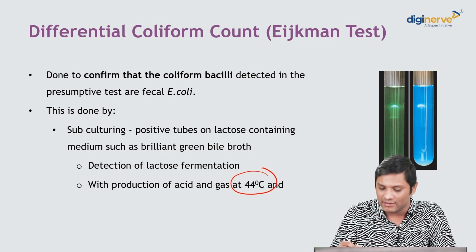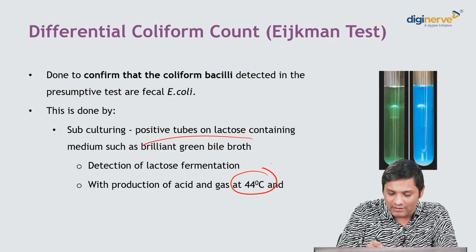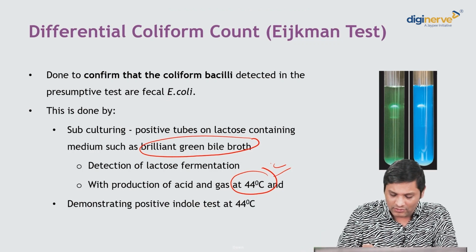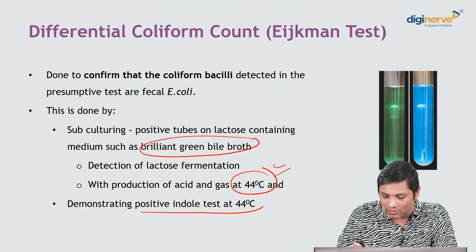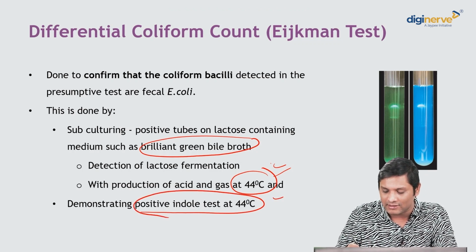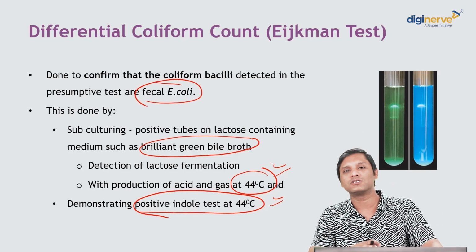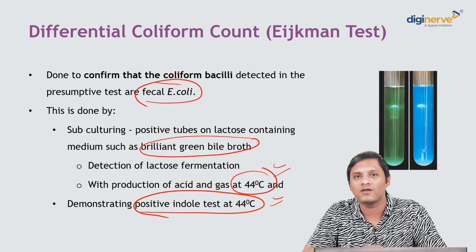That property can be detected by incubating the brilliant green bile broth at 44 degrees centigrade. A demonstration of positive indole test at 44 degrees centigrade is another method by which you can identify whether the causative agent is fecal E. coli or not.